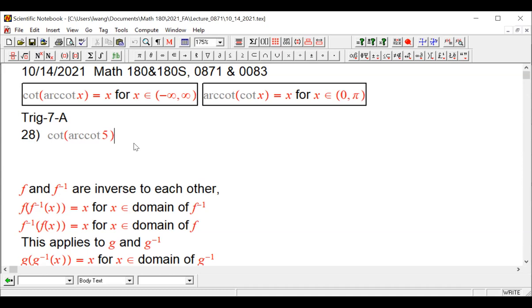What does that equal to? The first property applies, right? So it equals 5. Or you can go the DRA, ARD way. You can go that way too. Got it? Any questions?